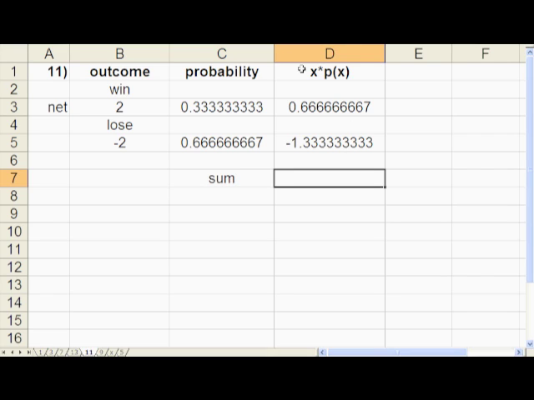Finding the sum of these two values is going to give us our answer. And let's put this in money form. There's way too many decimals. So approximating to the nearest hundredths position, which is the nearest penny, the expected value here is a negative 0.67.